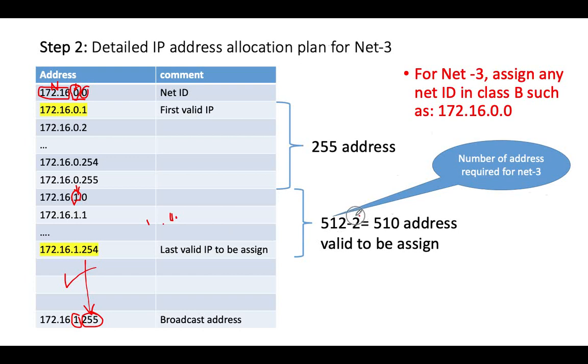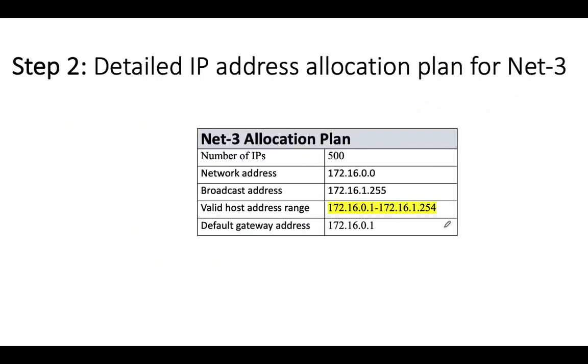Subtract from them the two, one for the network ID, which is this one, and one for the broadcast over here. You have 510 IP addresses valid for host IP addresses. You need 500, you take 510.